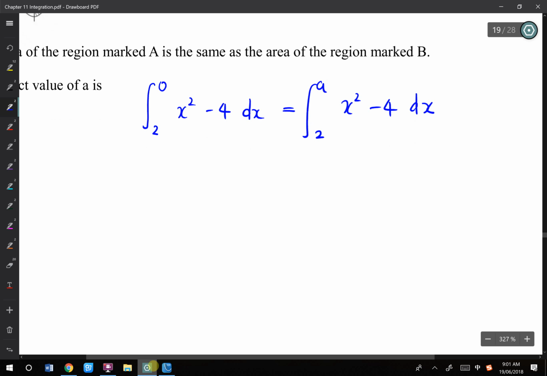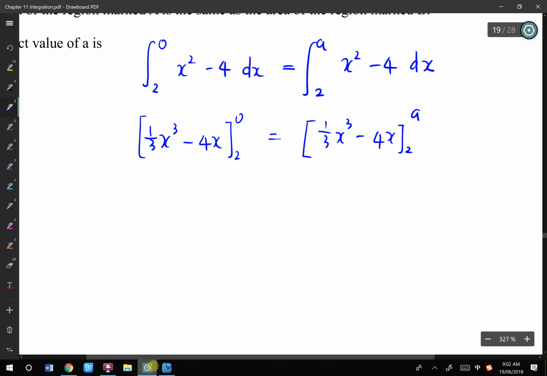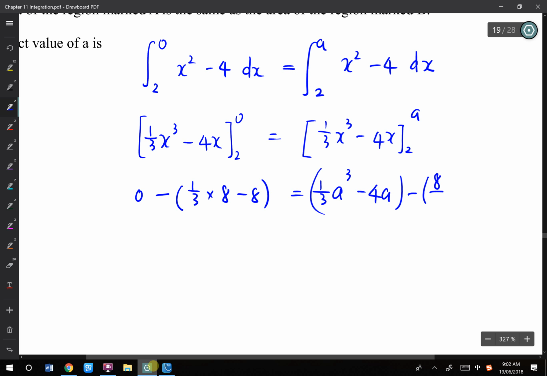Or I can solve it by the hand approach. What I'll have is a third x cubed minus 4x, from 0 to 2, equals the same thing from 2 to A. I can substitute: that's 0 minus, you sub 2 in, a third times 8 minus 8, equals a third A cubed minus 4A minus that minus 8.